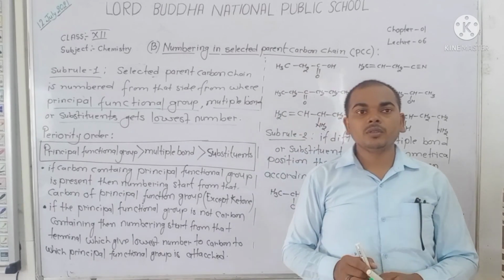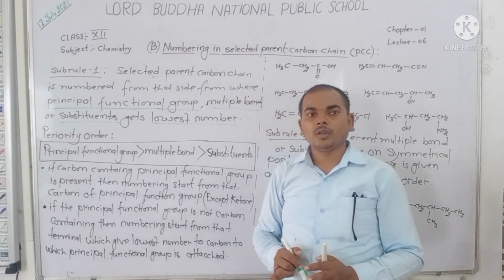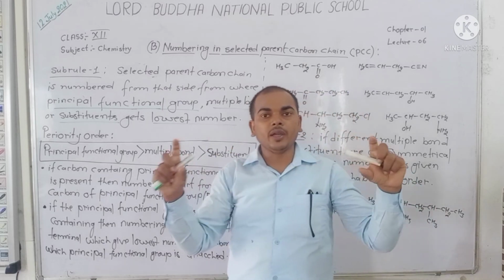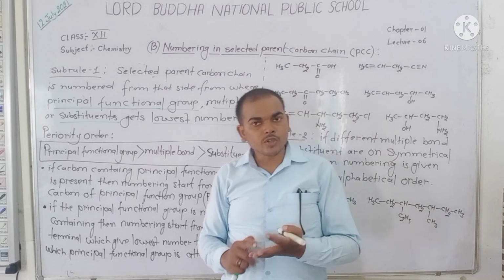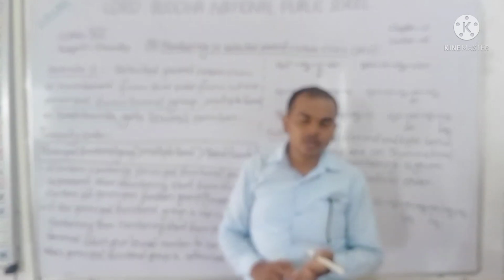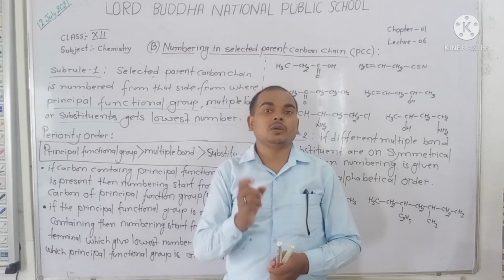Dear student, you always count the carbon in the selected parent carbon chain from where the principal function group, multiple bond, or substituents get the lowest number.